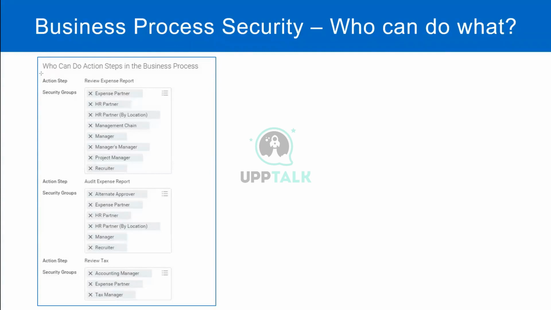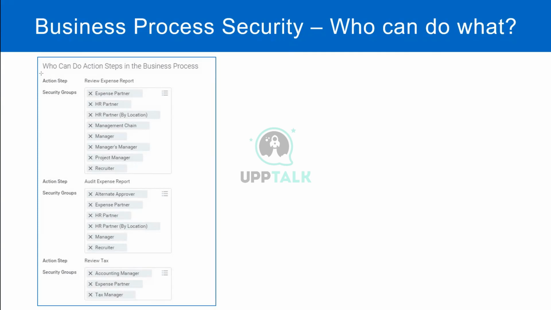If you go to the business process definition, it will say that, yes, compensation partner should do this task. And then you assign the role of compensation partner to somebody, Logan McNeil, in your supervisory organization. That's what you did.